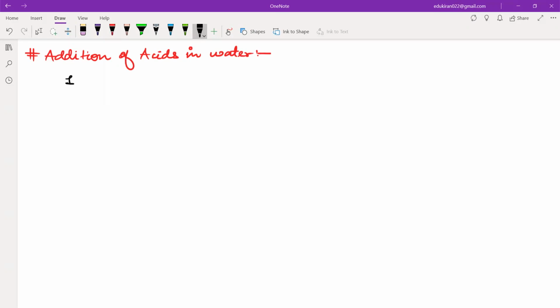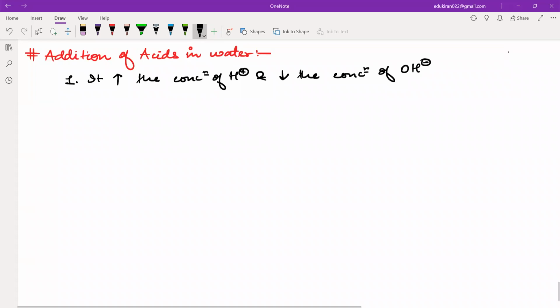Point number one, it increases the concentration of H positive and decreases the concentration of OH negative. Second point, the concentration of H positive is greater than the concentration of OH negative.